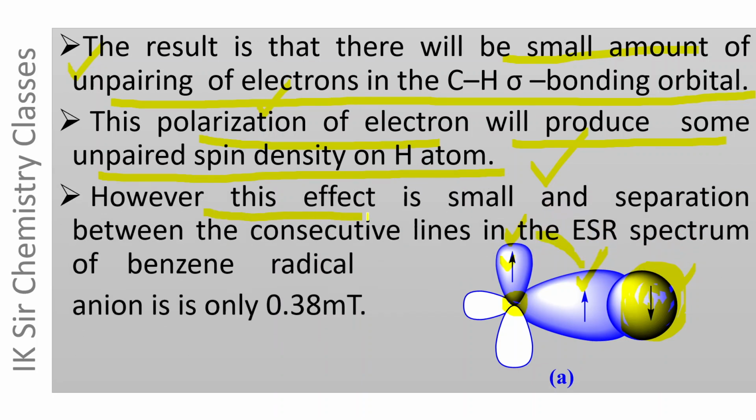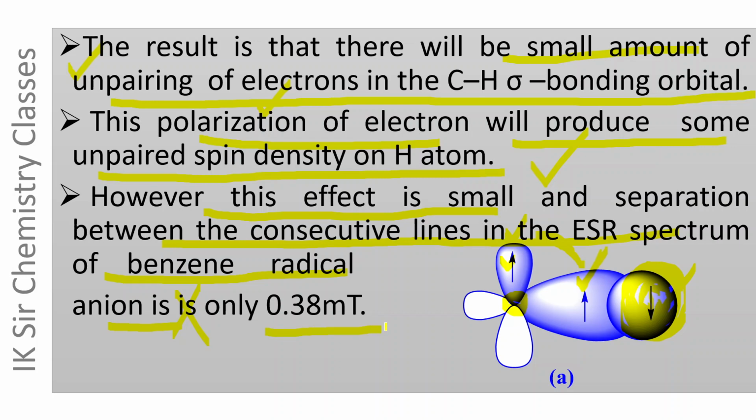However, this effect is small, and separation between consecutive lines in the ESR spectrum of benzene radical anion is only 0.38 millitesla.